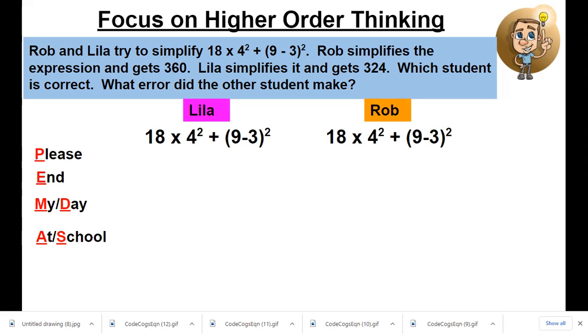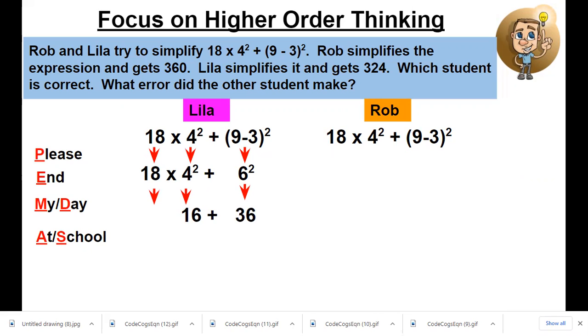So please excuse my dear Aunt Sally. Do parentheses first. 9 minus 3 is 6. And don't forget the little exponent comes along with it. Bring everything else down. Now I'm going to do the exponents. 4 squared is 4 times 4, which is 16. And then 6 squared is 6 times 6, which is 36.